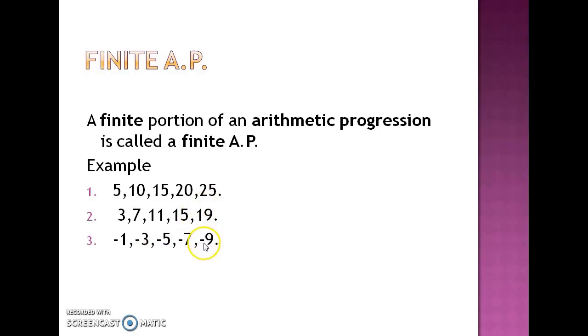Minus 1, minus 3, minus 5, minus 7, minus 9. So, minus 9 is the last term. From these examples, we can understand there is a last term. So, these examples give us a finite AP.